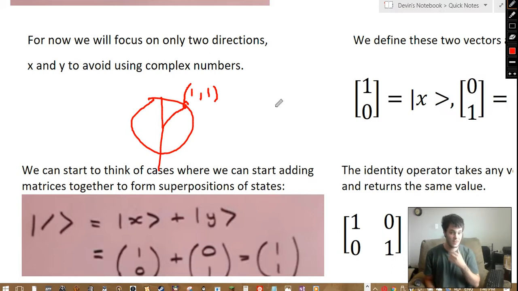That works, but not really, because they're not normalized. That's why on the unit circle, when they're both activated, you have 1 over root 2 plus 1 over root 2. I think I did that right. You guys scroll up and look.